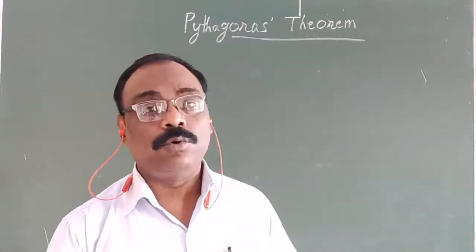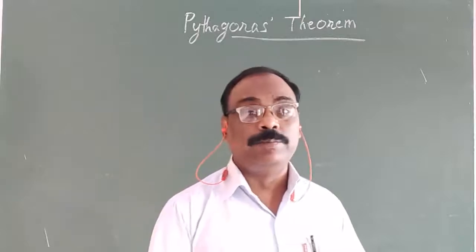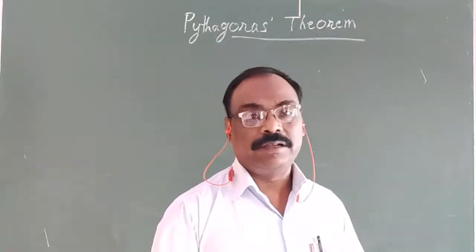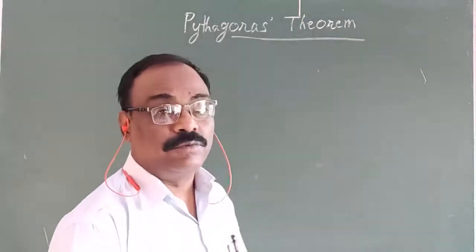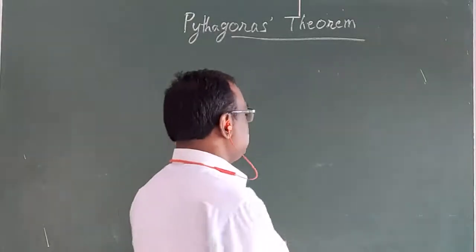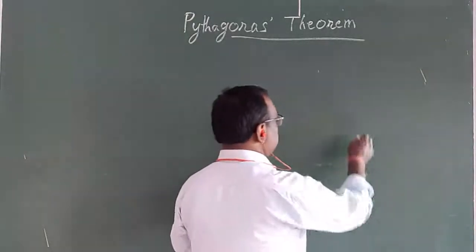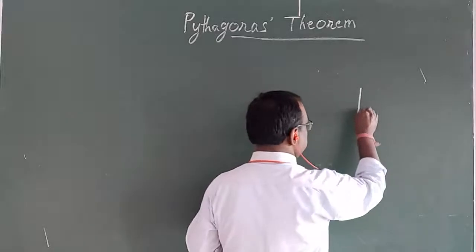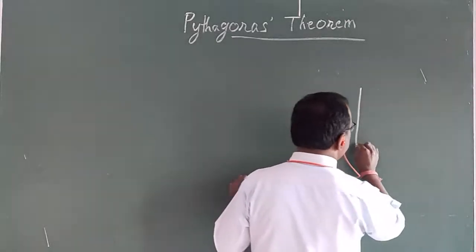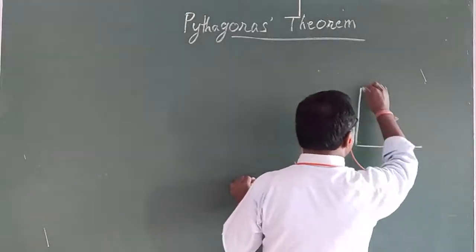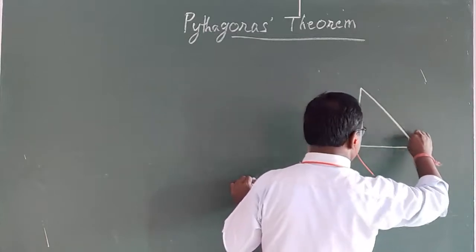So, let us know which side is known to be the hypotenuse and what are the names for the other two sides. Here I am drawing a right triangle. Right triangle means exactly 90 degree.